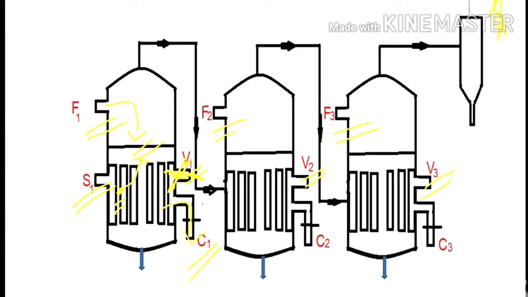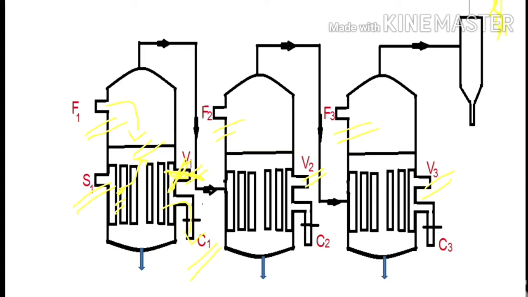As the liquid feed absorbs heat from the steam, its temperature gradually increases. As the temperature of the liquid feed increases, the difference in temperature between the liquid and steam decreases.